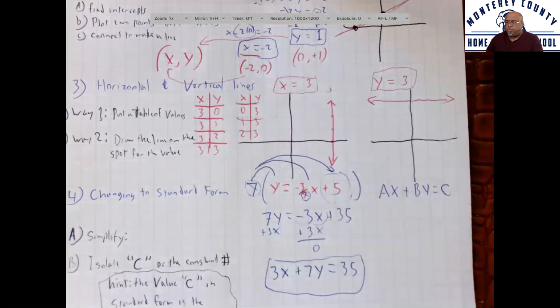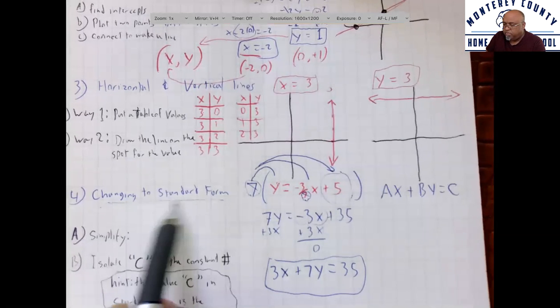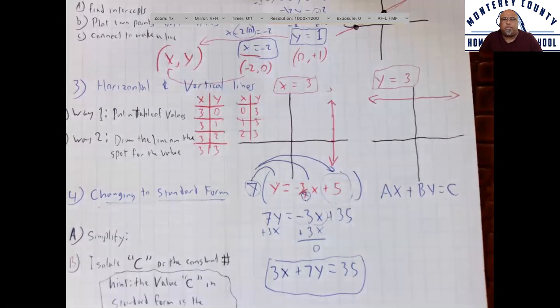So that may be a little frustrating. You're like, you did all this work and you didn't get a solution. Okay, I want to remind you, I wasn't asking for a solution, I was asking for a form. Sometimes in algebra you're going to do that. You're just going to be asked to simplify something or to change it, to put it in a form that's going to be workable. Not specifically that you have to come up with a solution.